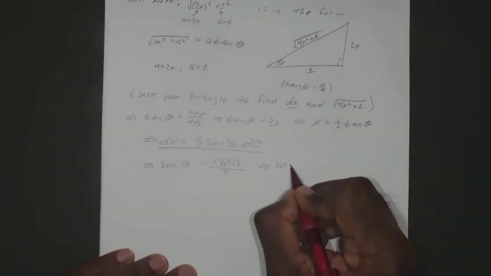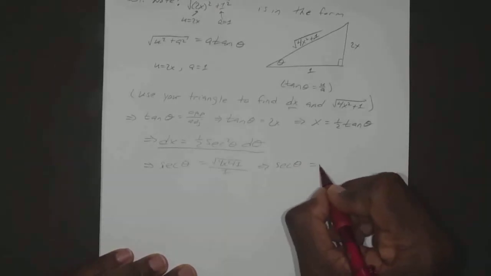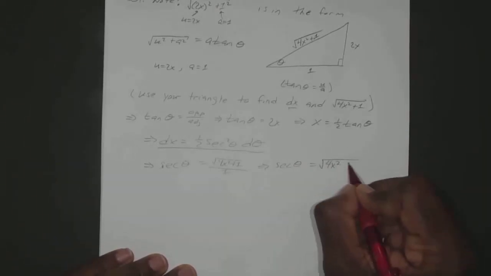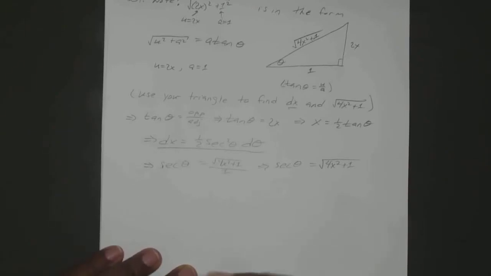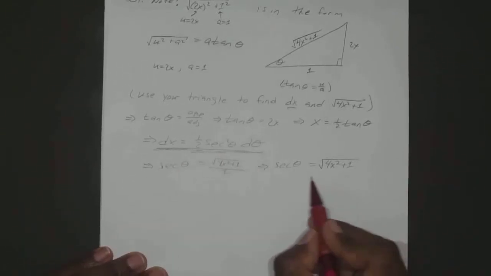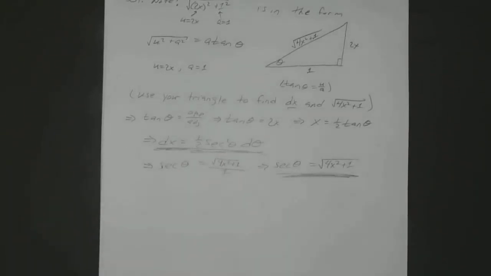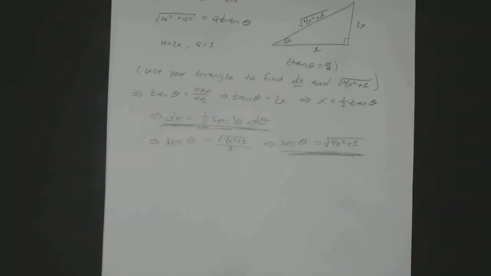Okay, so now we know our secant theta is just the square root of 4x squared plus 1. So we have our dx, and we have our square root of 4x squared plus 1. Okay, so now we just start replacing stuff.